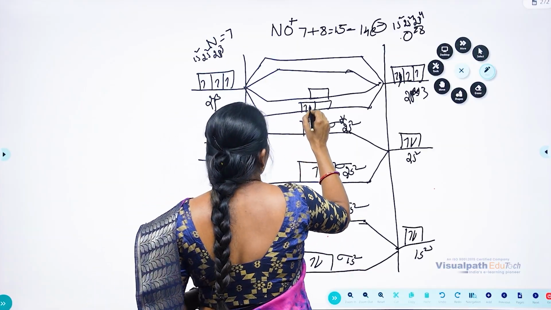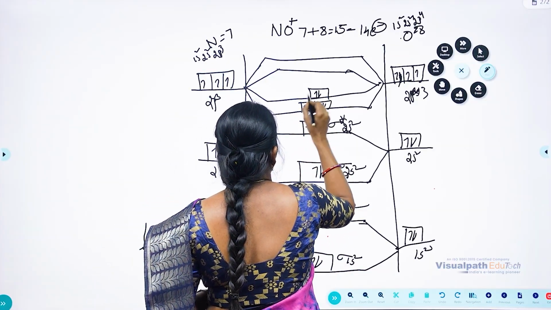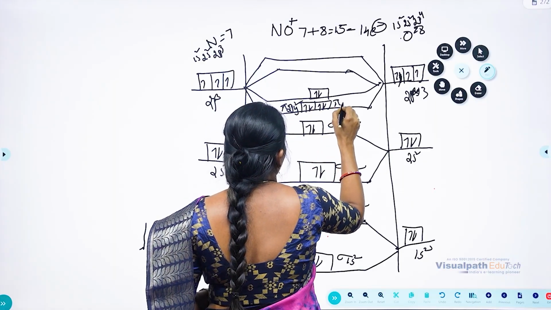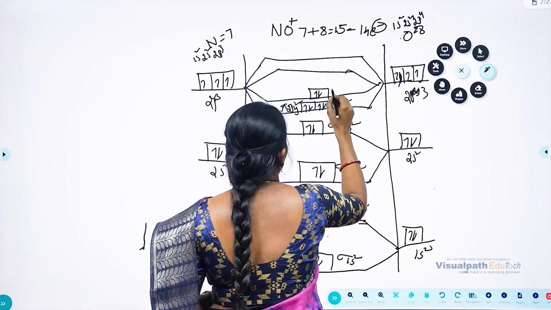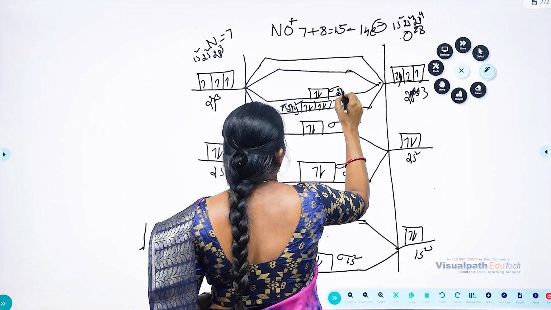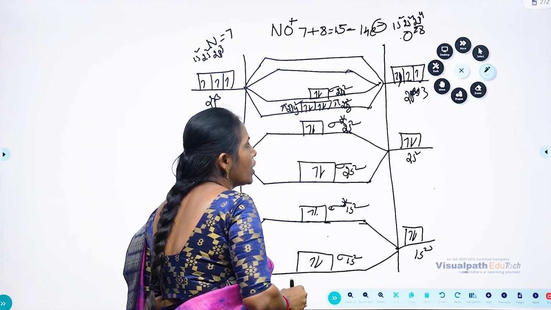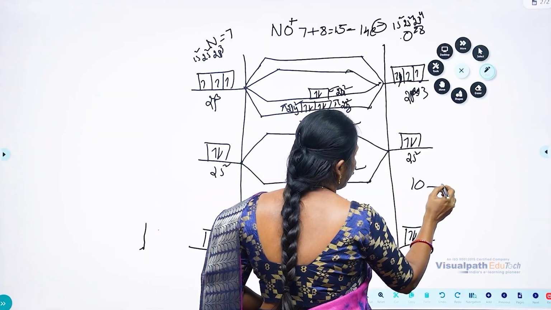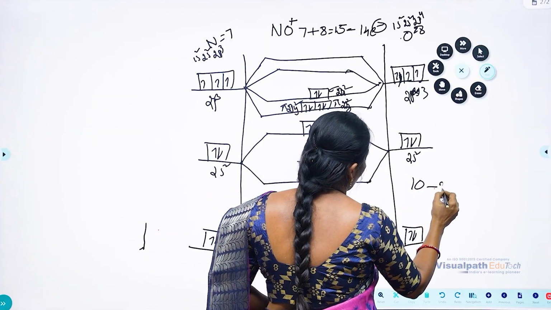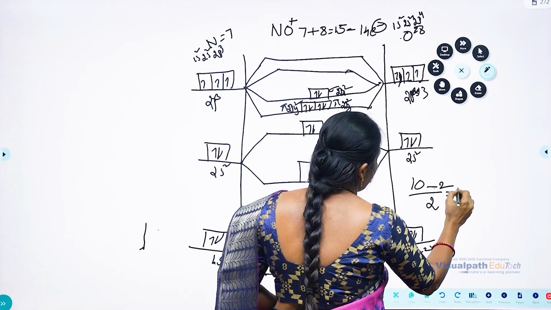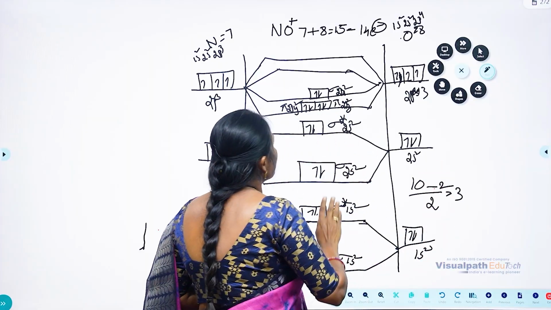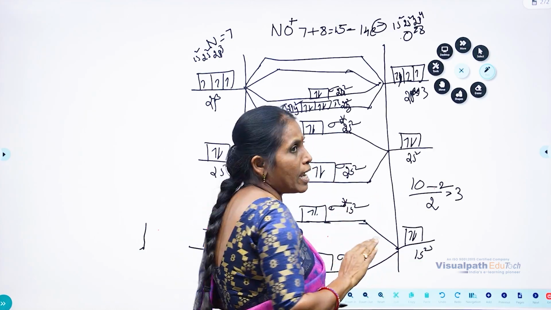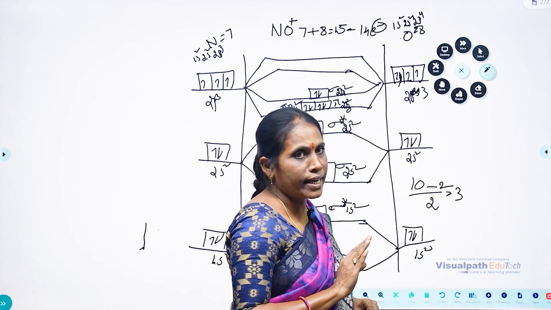That is the pi 2py2, pi 2pz2 and sigma 2px2. Okay, here the bond order is also the same: bonding is 10 and anti-bonding is 4, divided by 2, so the bond order is 3. Here also there are only paired electrons, so it shows diamagnetic nature. So the MOT diagram is completed.